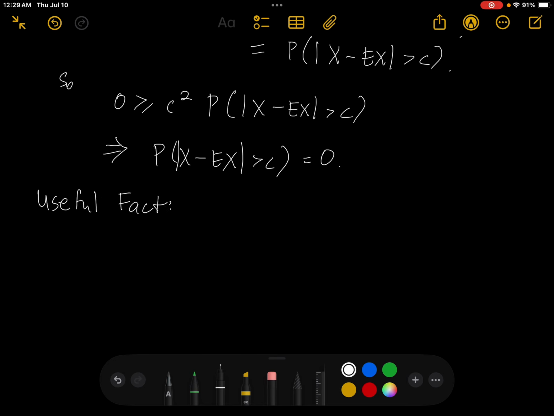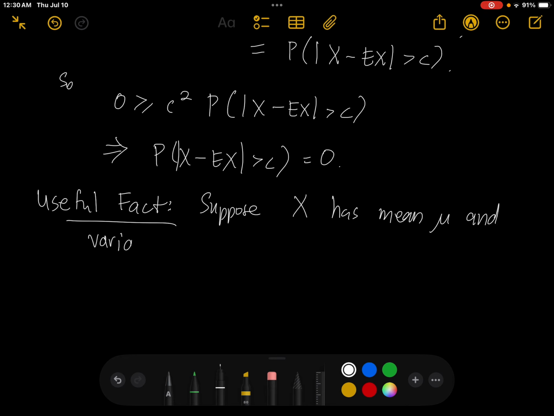Suppose that you have a random variable x and it has mean mu and variance. Well, the variance is non-negative.